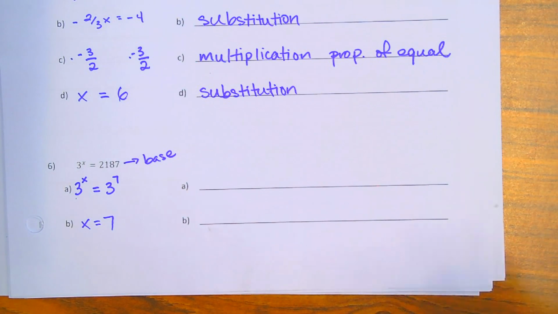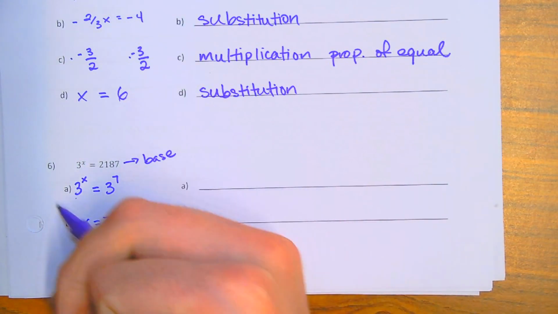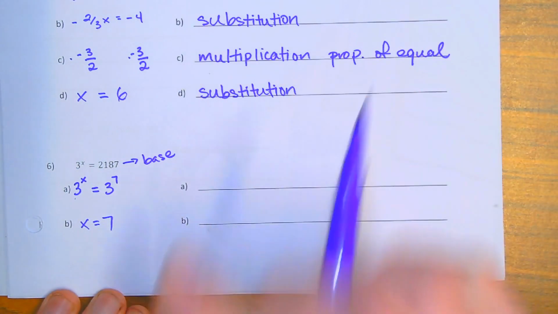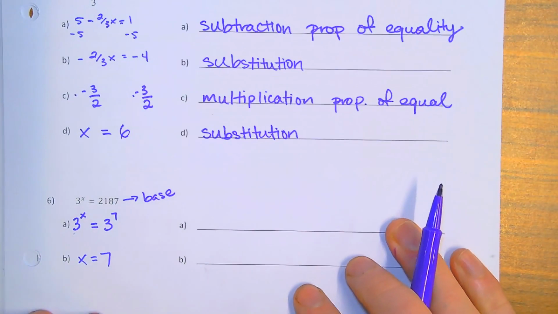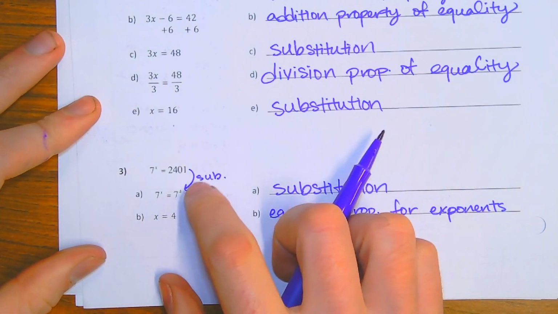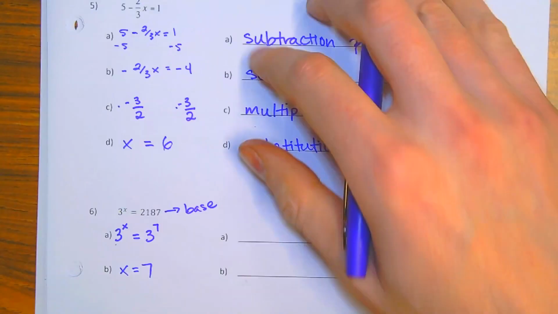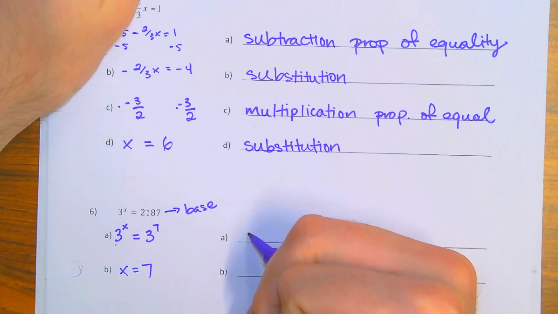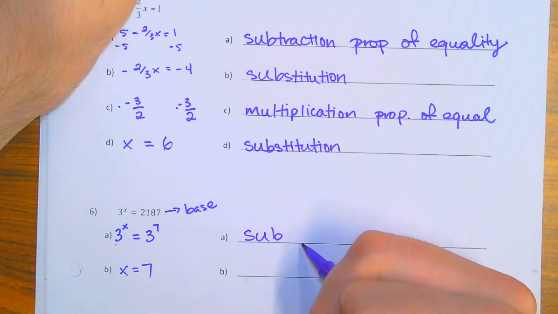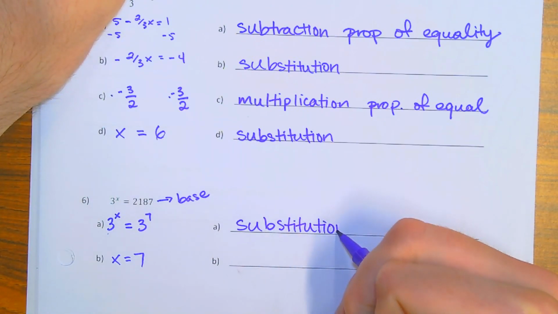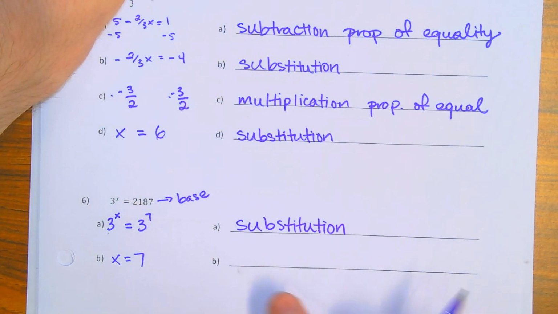Okay, so if we're doing this, now let's talk about what happened. It's very similar, I would say, to something that we saw on number 3 on the other side of our packet. You guys can remember, what did we do? We called this substitution, right? So we're going to do the same thing here. We're going to write in substitution on our first one.